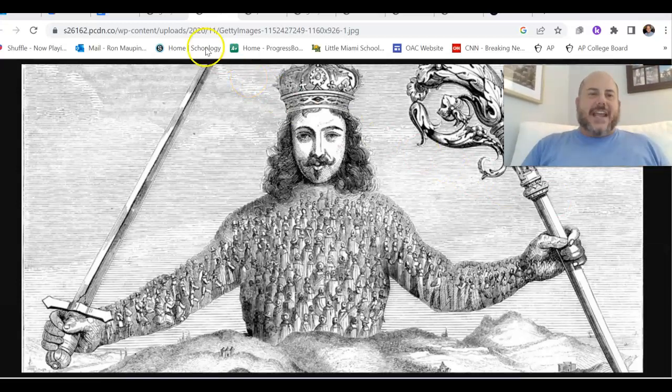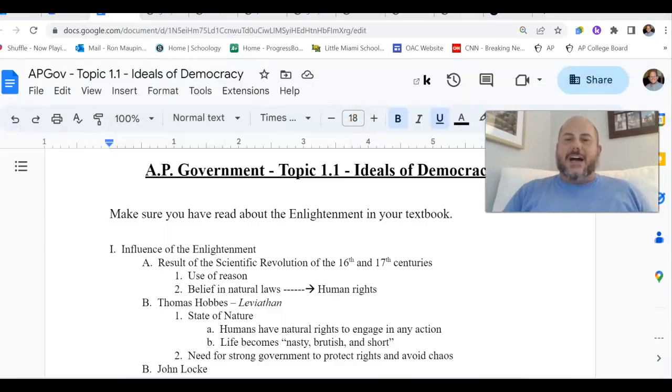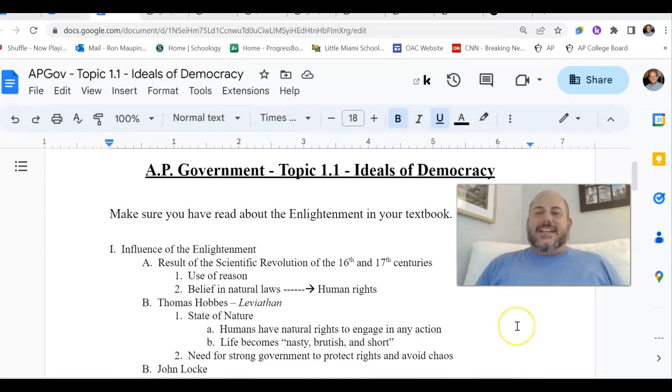So understand that from an early Enlightenment perspective, like Thomas Hobbes, government exists because it has to. It has to because it has to protect people from one another. So in other words, people need government. That is important, that it is essential. So understand that important origin.